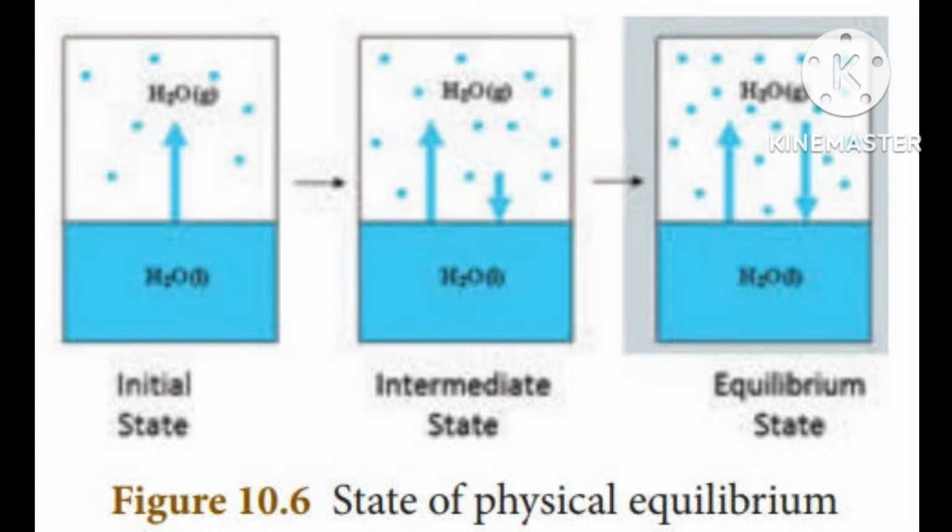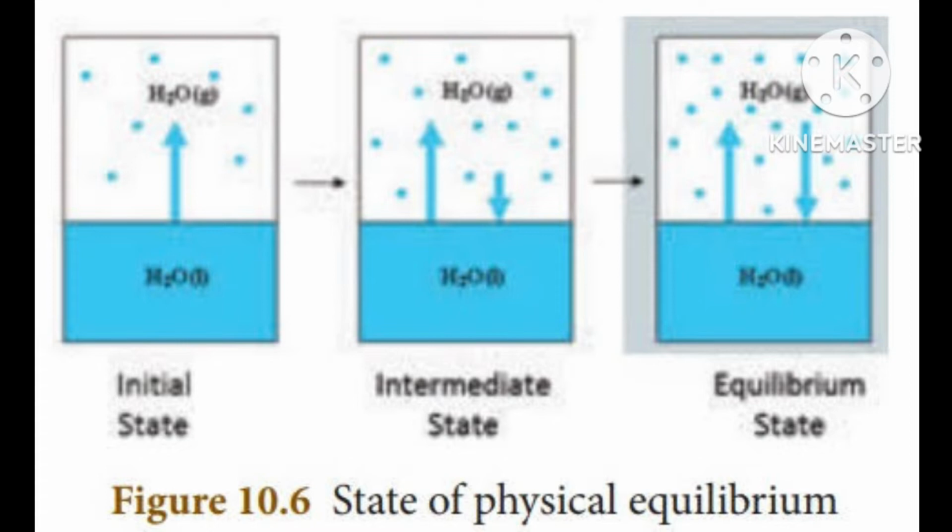After some time, you will feel that the pressure is no longer increasing, because the vapor is coming back to liquid water. Finally, it leads to an equilibrium condition where there is no net evaporation.